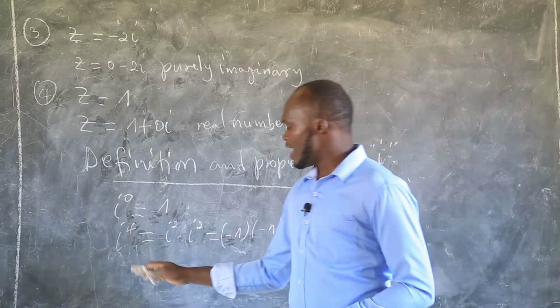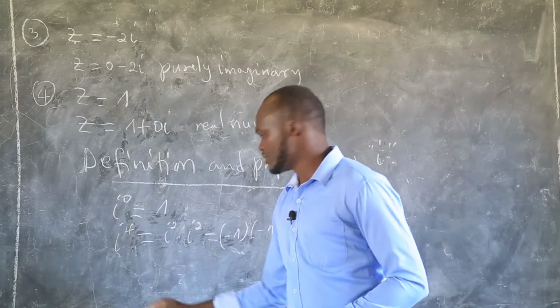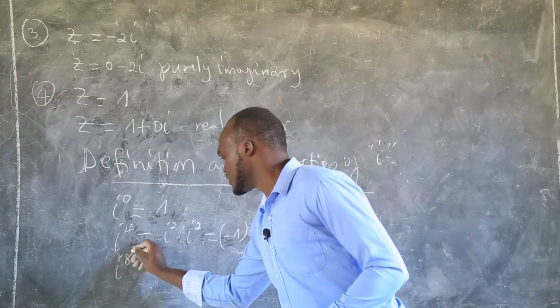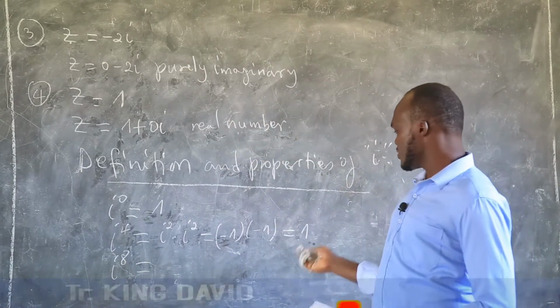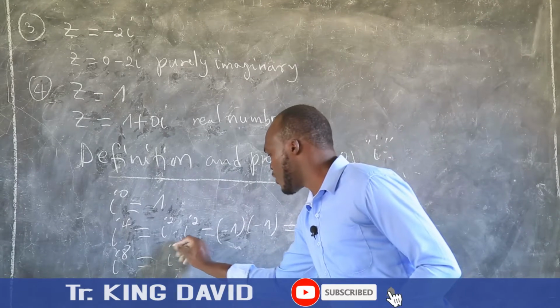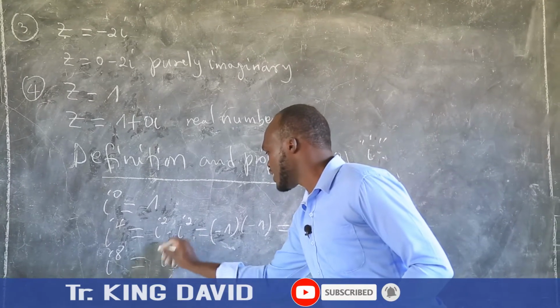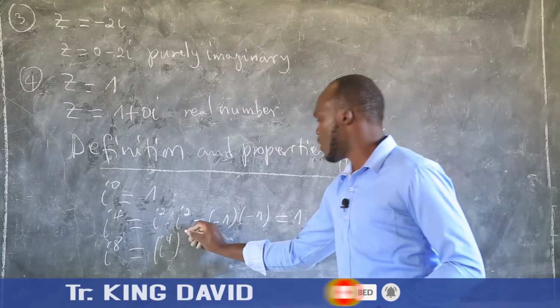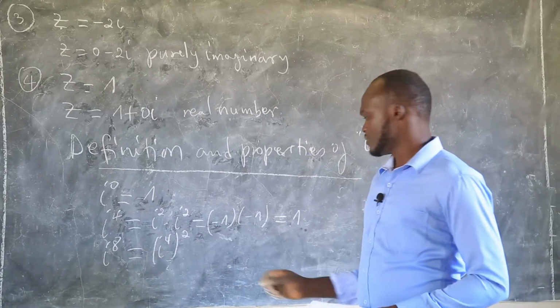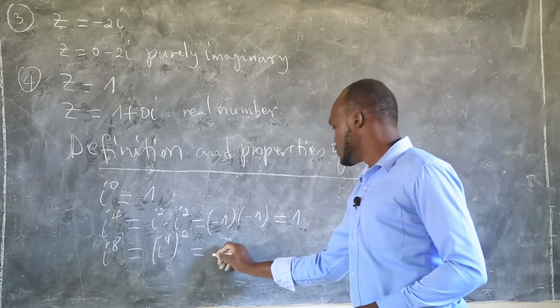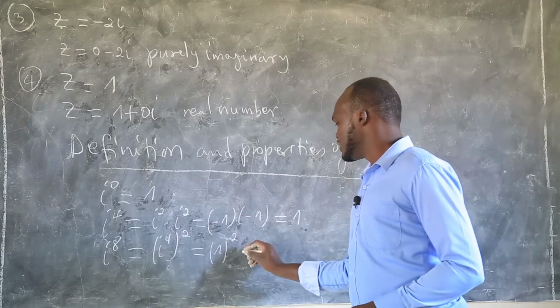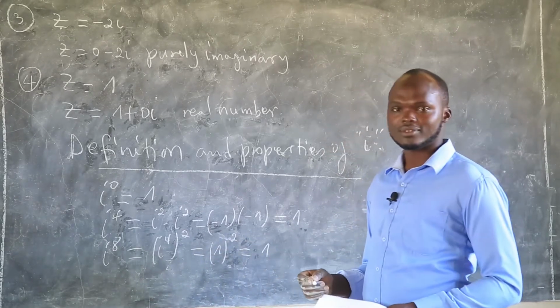So let me add 4 to this 4. I have i power 8. So what will be the answer? The answer also will be 1, because this is like i power 4 all power 2, which is 1 power 2. The answer is 1.